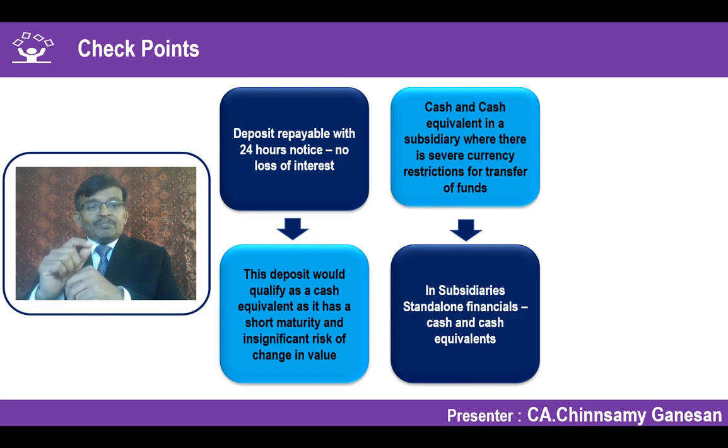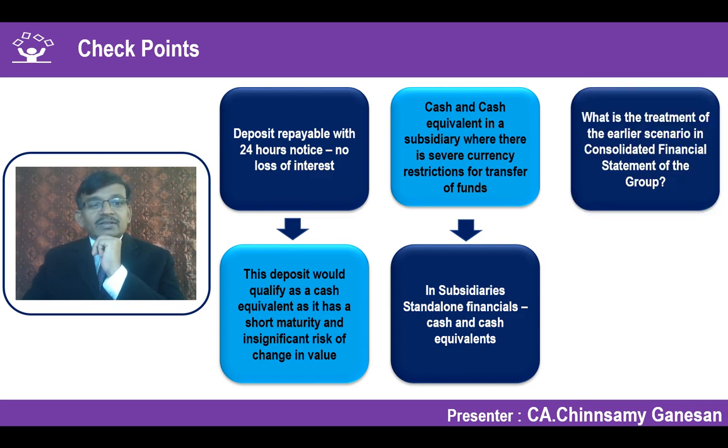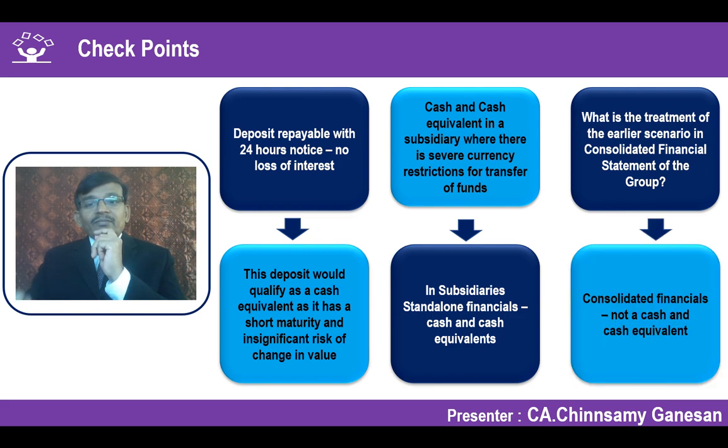Suppose you ask the same question: what will you do in the consolidated financial statements of the group? The answer could be different, because the amount could not be transferred to the parent company because of a severe long-term restriction on funds from the subsidiary to the parent company.